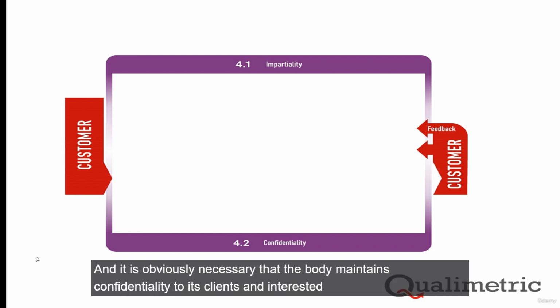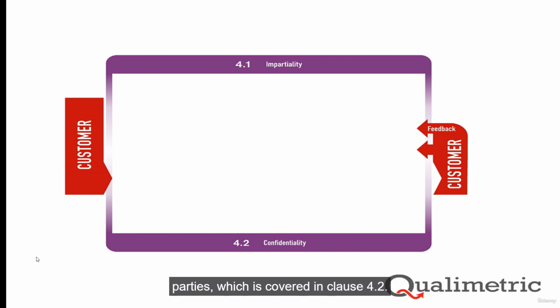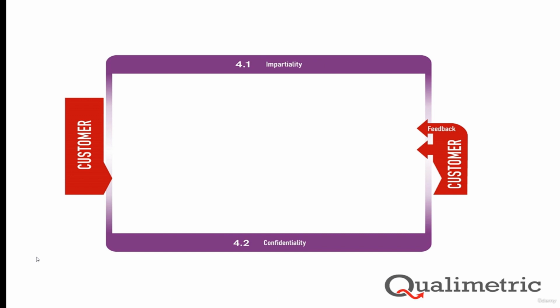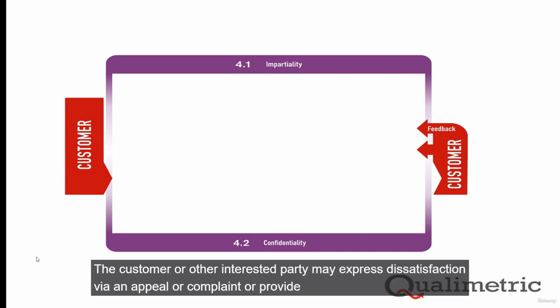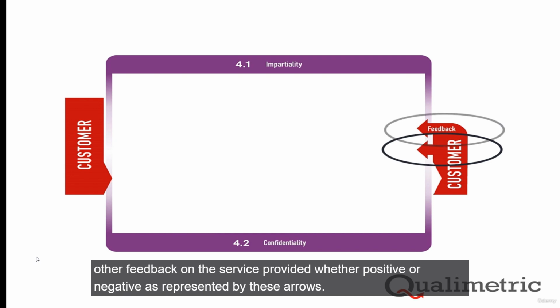And it is obviously necessary that the body maintains confidentiality to its clients and interested parties, which is covered in clause 4.2. The customer or other interested party may express dissatisfaction via an appeal or complaint, or provide other feedback on the service provided, whether positive or negative, as represented by these arrows.